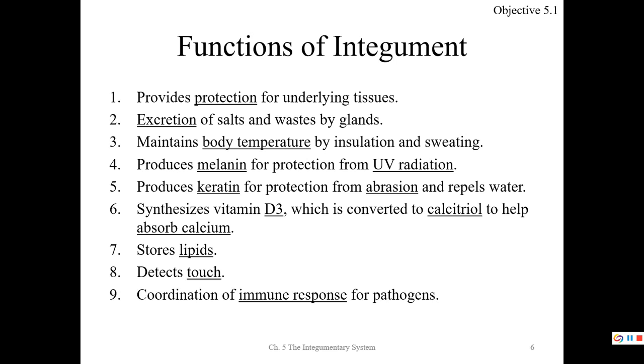We make keratin that protects against abrasion and repels water. We synthesize vitamin D3, which is turned into calcitriol, and this helps absorb calcium. We store lipids. We detect touch, and we build a coordinated immune response for pathogens, and in some cases superficial skin cancers, which we'll talk about a little bit later.